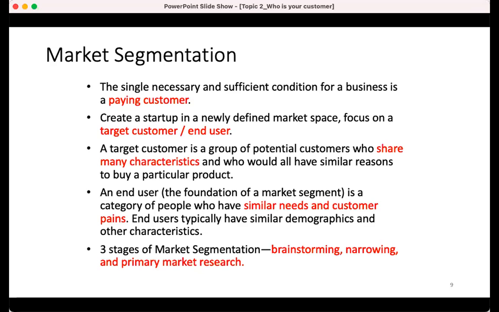A target customer is a group of people that share similar buying behavior, or they have similar characteristics. Like vaccines, which are only suitable for people aged 18 years old and above, right? Especially elderly people are more suitable for taking a more specific type of vaccine.